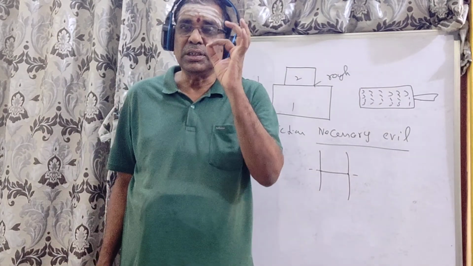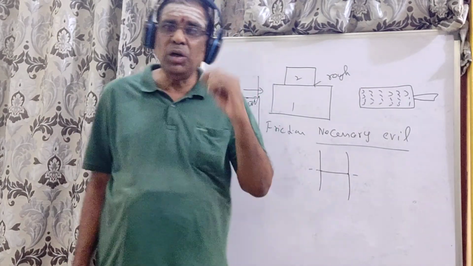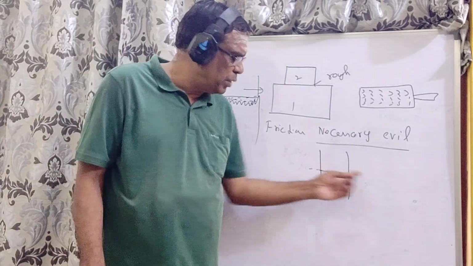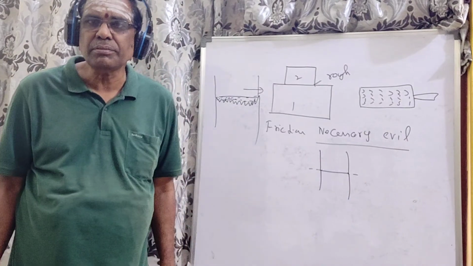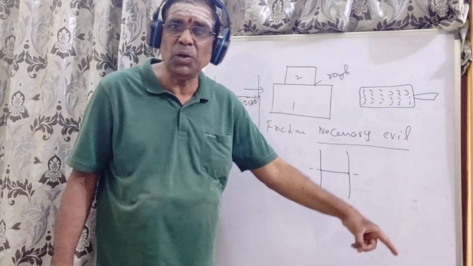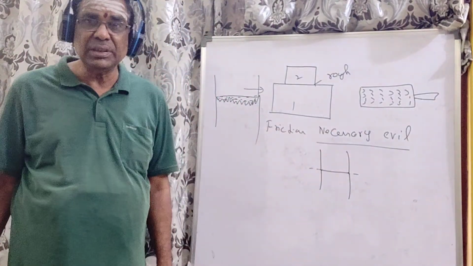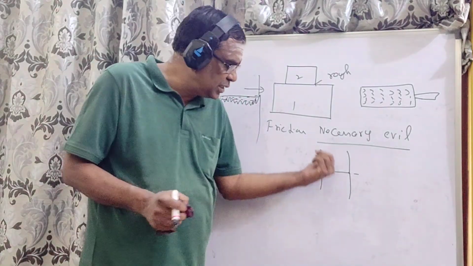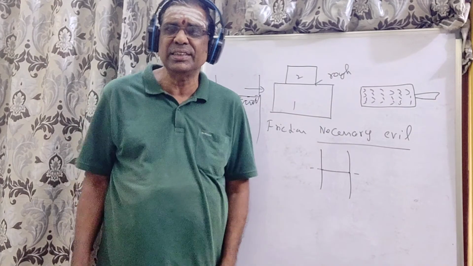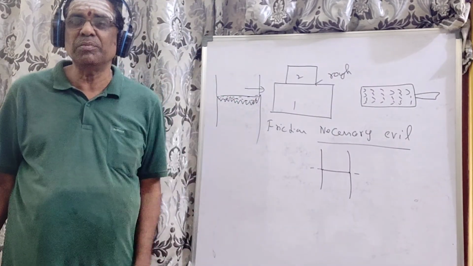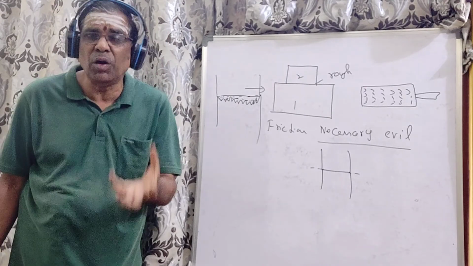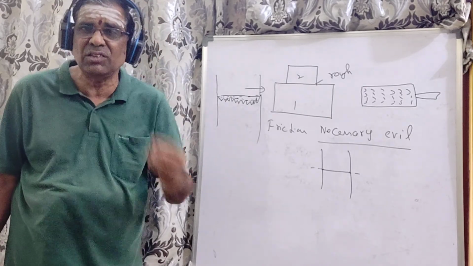Therefore, the so-called molecular attractive force is extremely predominant. So much so, sometimes it is impossible for you to slide these two smooth surfaces one over the other because of unusually strong molecular attractive or adhesive bonds.